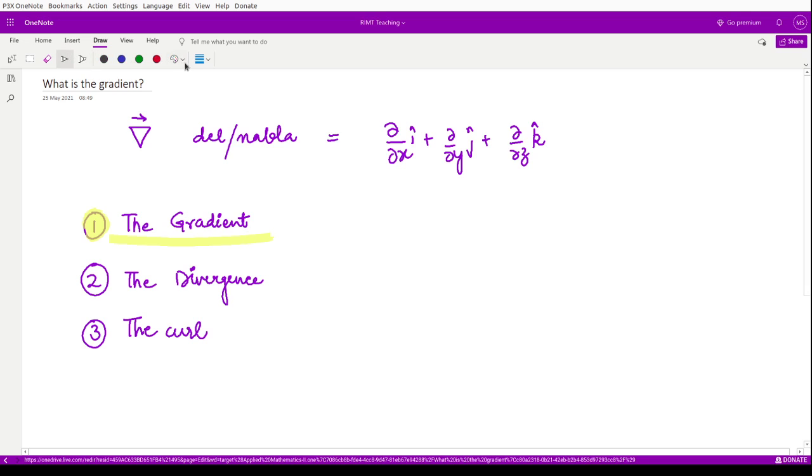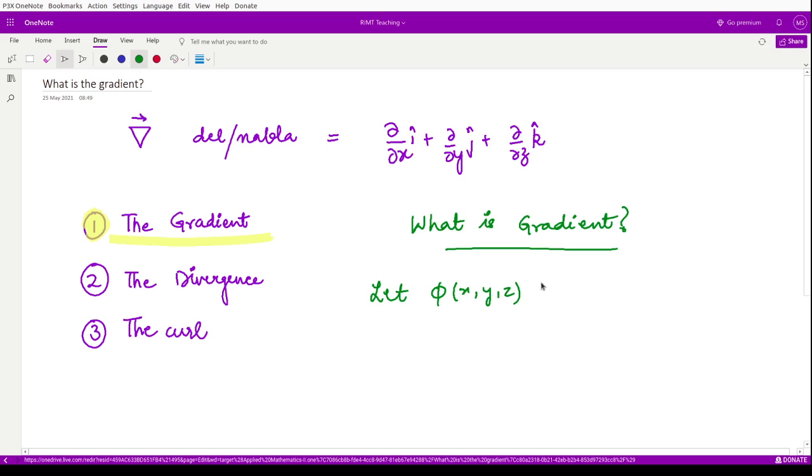For defining gradient, let me write it here. What is gradient? What do you require? You require a scalar point function. Let phi of x, y, z be a function consisting of x, y, z, which is a scalar point function.